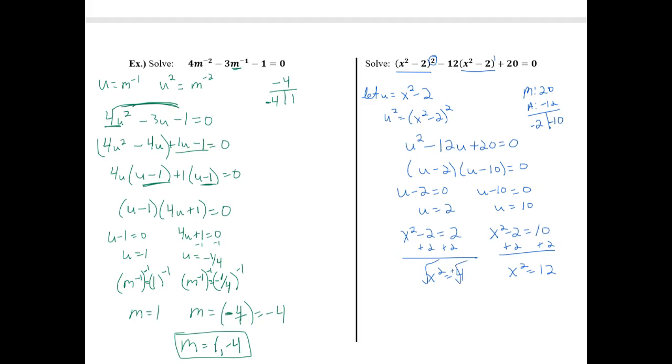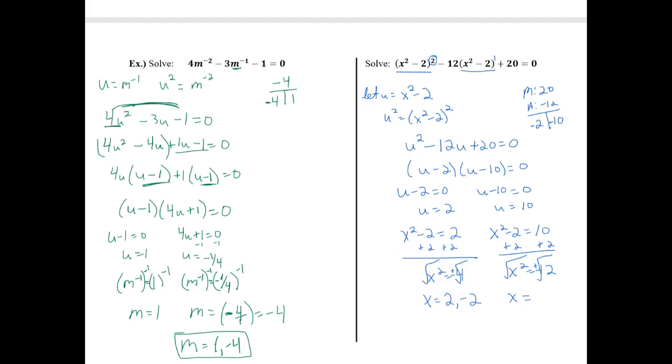And I'm not going to forget my plus and minus when I take that square root. So plus and minus, there are two solutions. That means x could equal, the positive square root of 4 is 2, and the negative square root of 4 is negative 2.